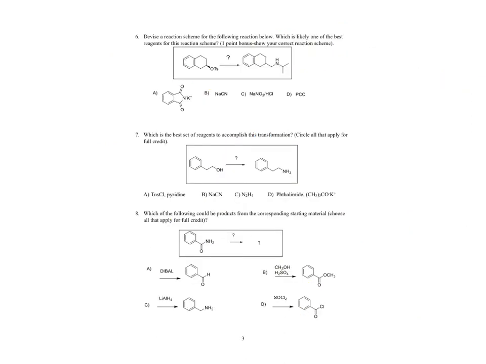All right. So now we are on problem number 6. Devise a reaction scheme for the following reaction. Okay, so what we've done is we're going from a tosylate and we've added a carbon. Okay, and we've made a secondary amine.